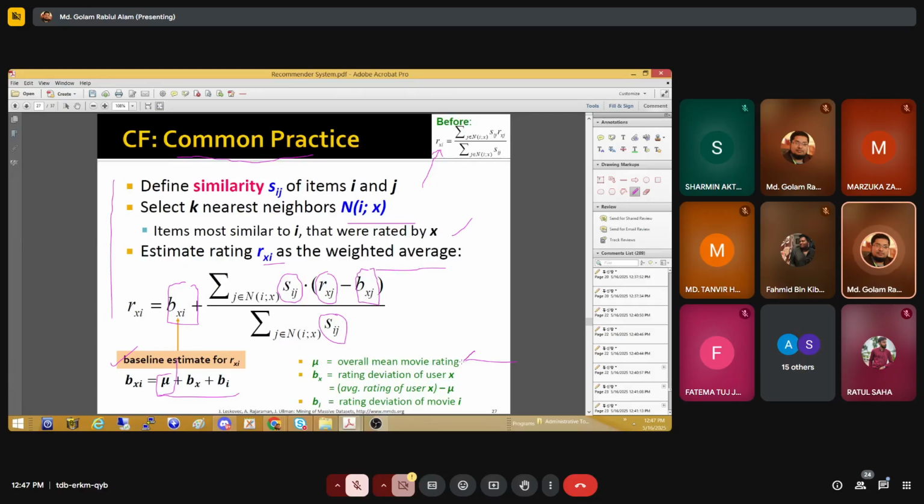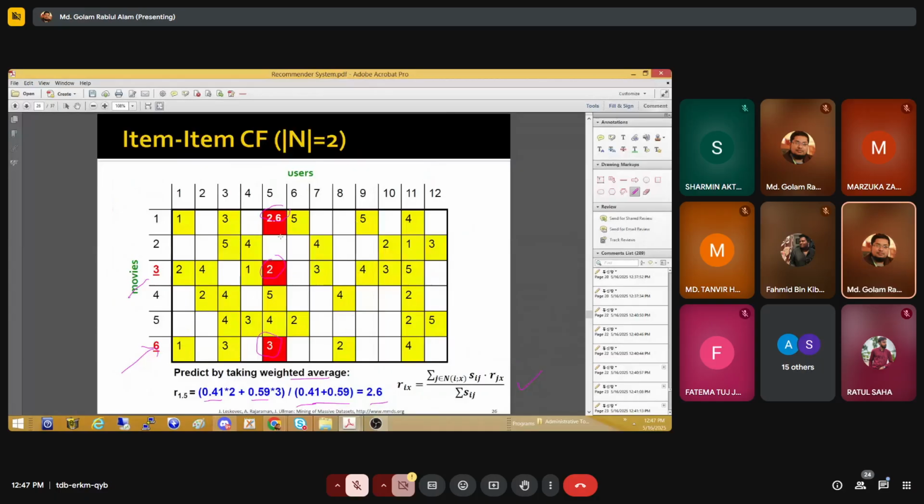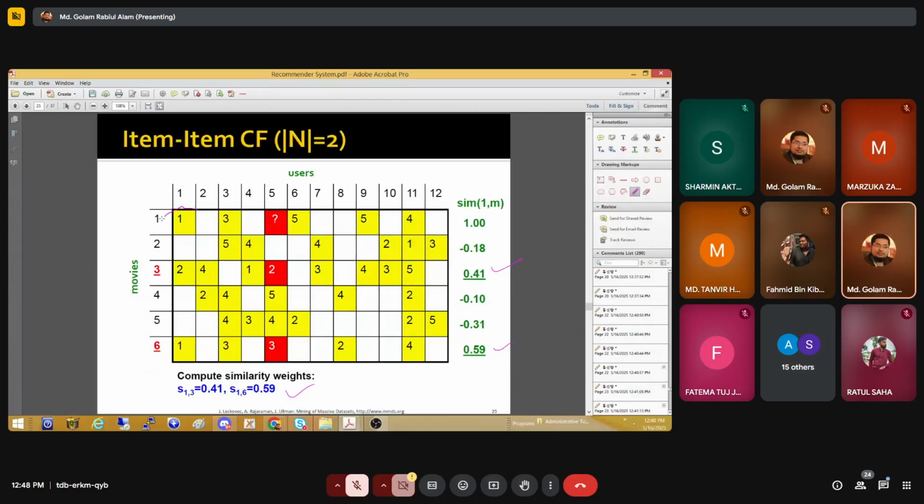This considers the whole data set where we have ratings, so we consider all those values, except the one we want to predict. That is called the baseline average.